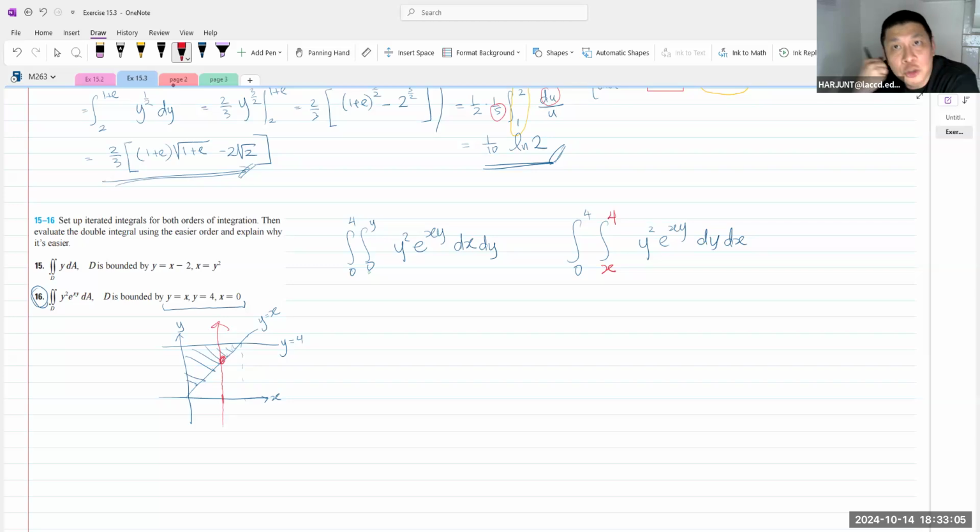These two integrals are supposed to give us the same result, but one of them may be easier, the other one may be harder. We don't know. Which one do you think is easier?